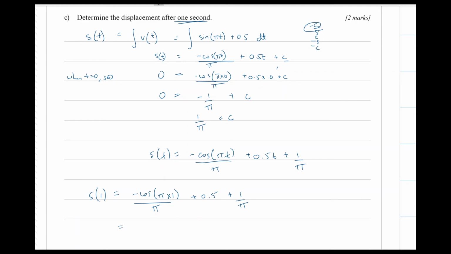This equals, cos pi is negative 1 and negative of that, so that's 1 on pi plus 0.5 plus 1 on pi, which is the same as 0.5 plus 2 on pi meters.